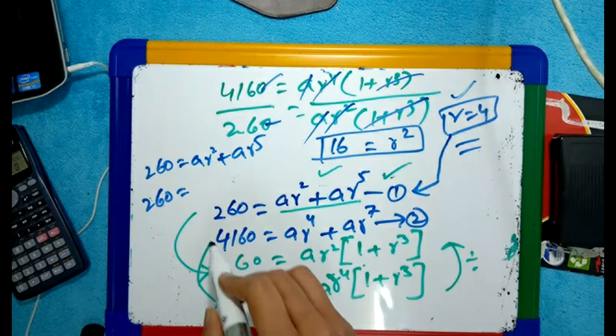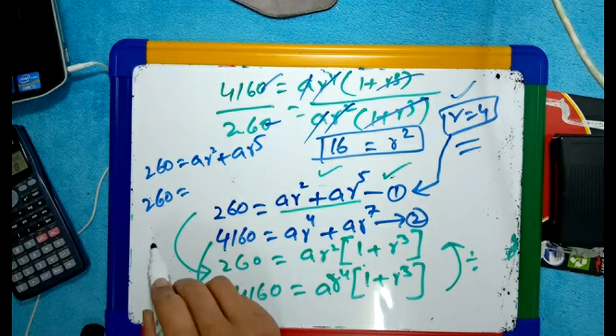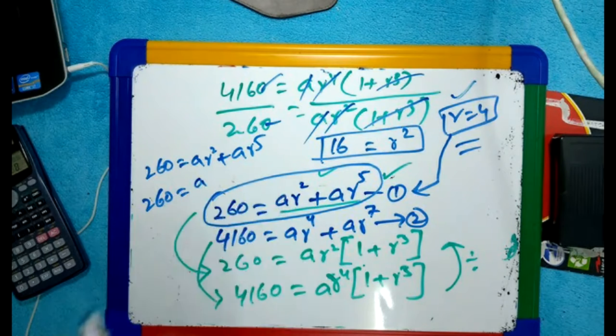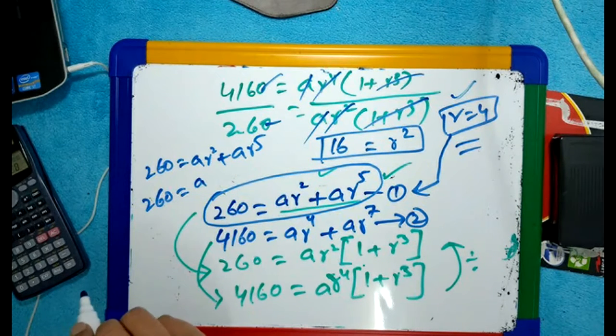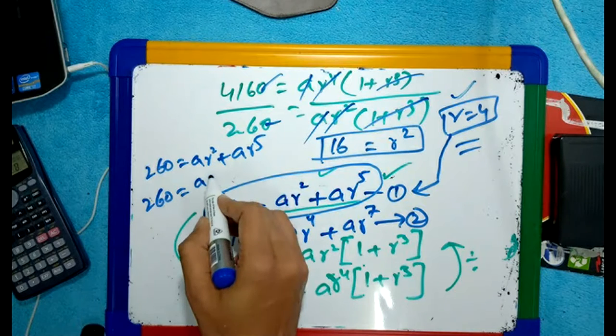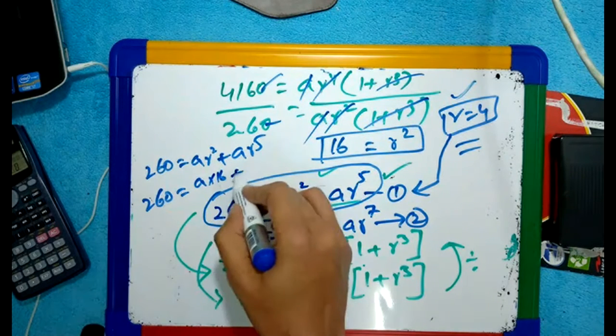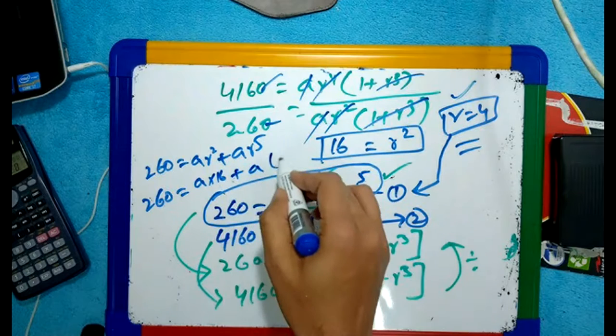So 260 equal to a r square plus a r to the 5. r is 4; 4 square is 16, plus a times 4 to the power 5.